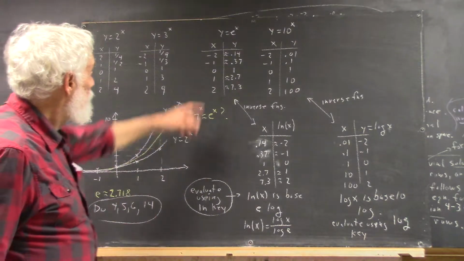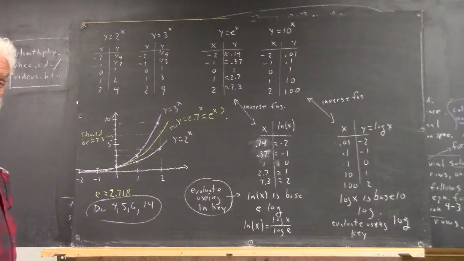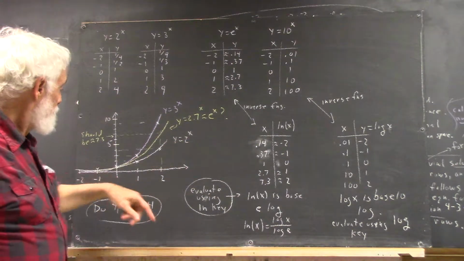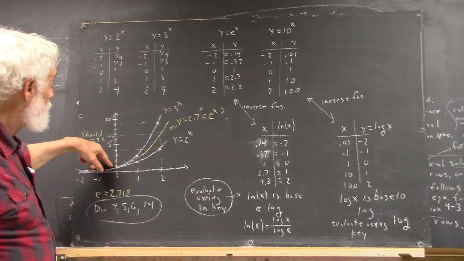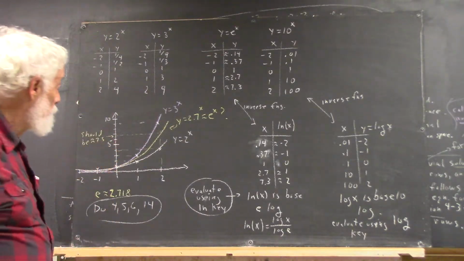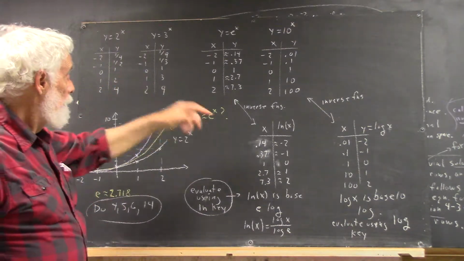Now we could always make a table for e to the x, but that's not the basis on which I drew the graph. Now the one thing we do know, of course, is it's got to go through the point (0, 1). All simple powers have to go through (0, 1), positive powers.